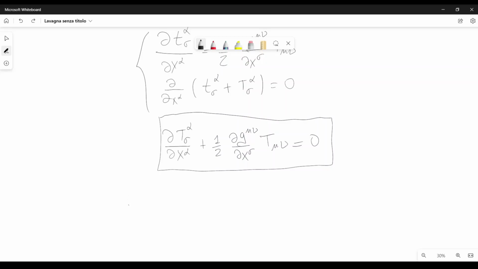The equation was this: square root of minus g times A_μ^ν equal to the derivative with respect to x^σ of square root of minus g A_μ^σ plus 1/2 the derivative of g^{ρσ} with respect to x^μ times square root of minus g times A_{ρσ}.